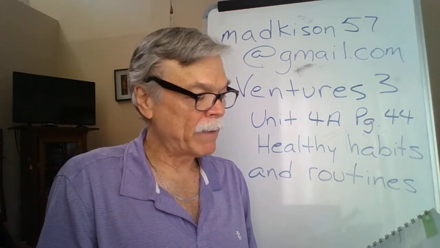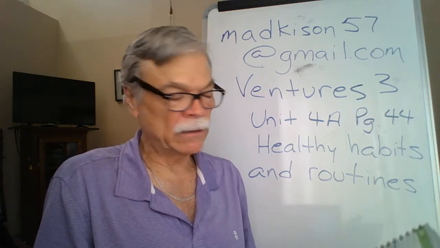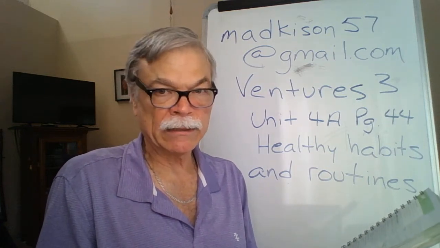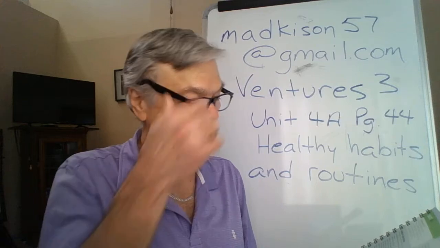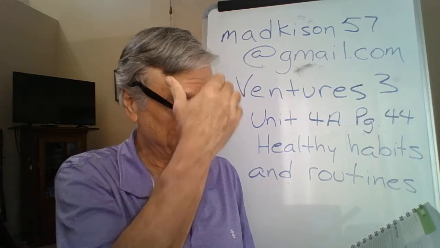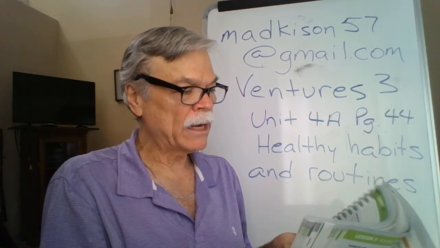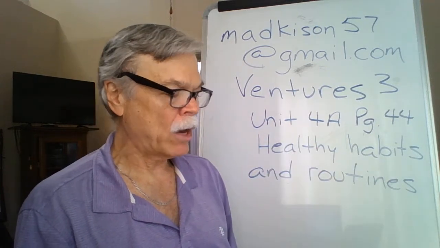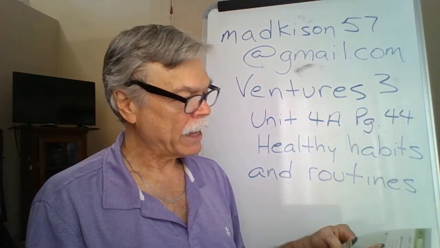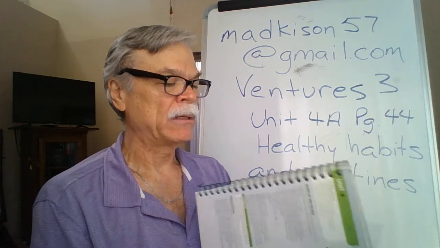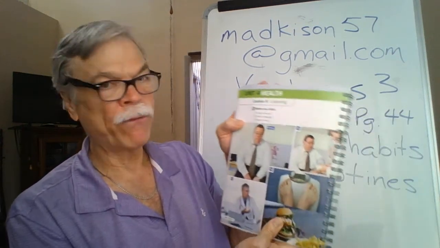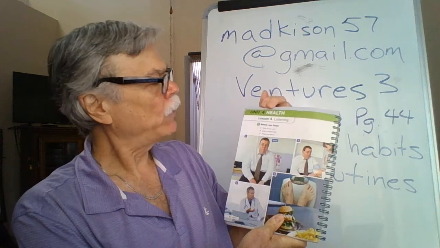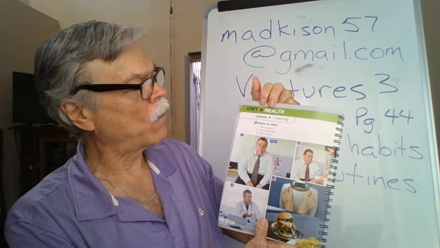Now, sometimes people might say, don't eat too much of the bread or the starches because that's a good way to gain some weight. Now, what I'd like for you to do is to turn to Unit 4A on page 44 and take a look at the pictures on page 44. If you'll look at the top, it says Unit 4, Health.